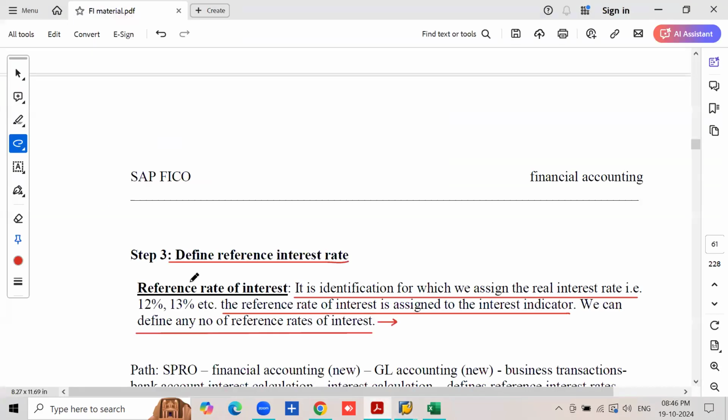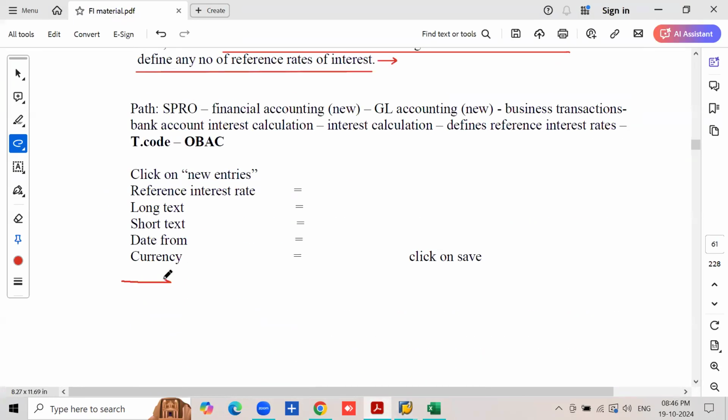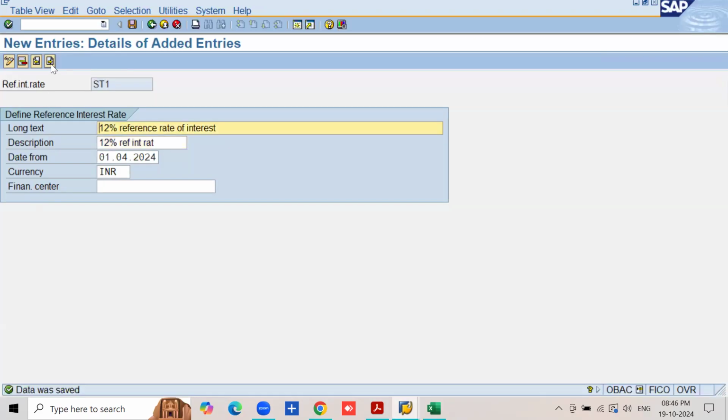Now do one thing. Click on next entry button. So let us define one more reference rate of interest for 11%. Reference rate of interest is equal to ST2. Long text is equal to 11%.